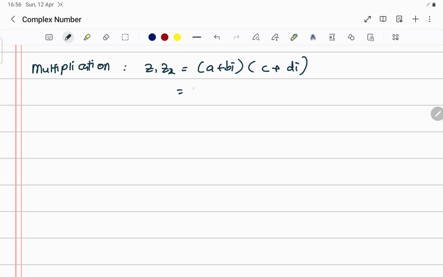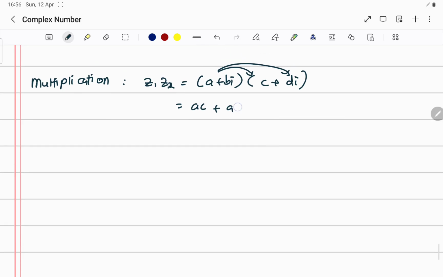From here you just expand. A multiplied with C, AC. A multiplied with D, you're going to get ADI. Then you expand B multiplied with C, which is BCI. Then BI multiplied with DI, you're going to get BDI square.